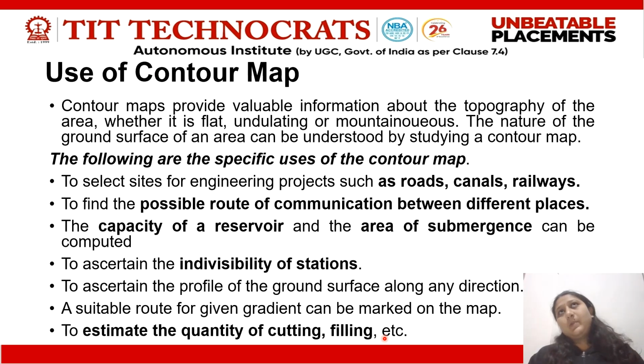I would like to explain the deeper meaning of it. What is cutting and filling? Suppose I'm planning to construct a road on a particular site. The earth surface is not equal. I've already explained that we have an uneven earth surface.